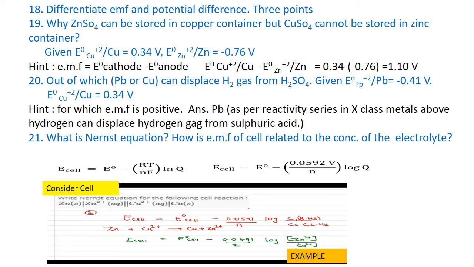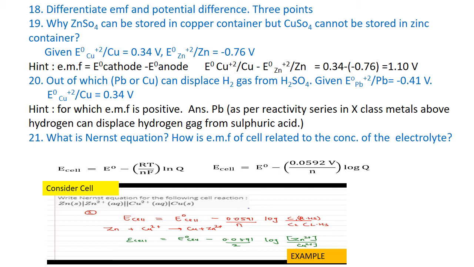Question number 20. Out of Pb or copper, which can displace H2 gas from H2SO4, sulfuric acid? When you are given the electrode potentials, you must know that electrode potentials are always given as electrons are received, meaning electrons are added to the reactant. So that will be the electrode reduction potential. If oxidation potential is given, you have to change it into reduction potential.